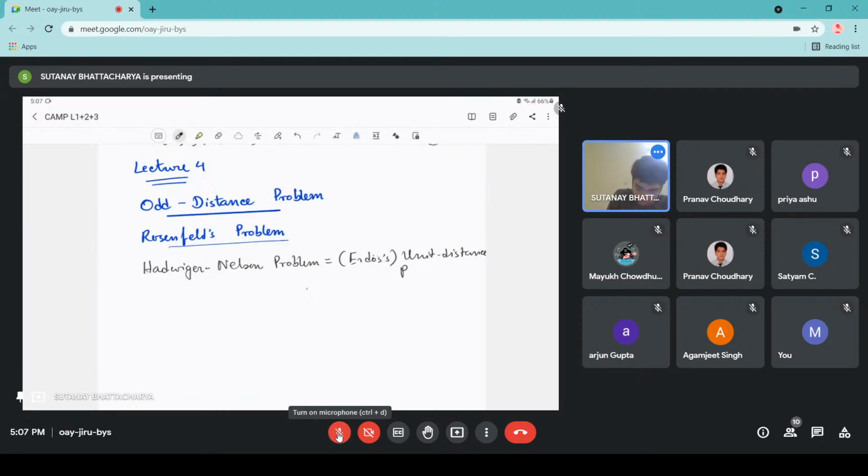Unit distance does feature in the problem statement. So based on this and some basic pattern matching skills, can anyone guess what the statement of the odd distance problem should be? This is not a serious math question or anything, just take your best shot.